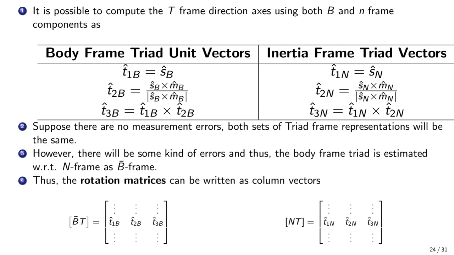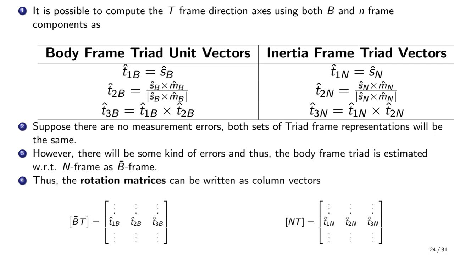It's the same formula. Remember, we're using T1 equal to S. That's the generic one. But for the body frame, we're specifically going to use T1 for the body frame to be equal to this measurement for the body frame. And we're going to do the same for the inertial frame. We're going to do likewise for T2 and T3.